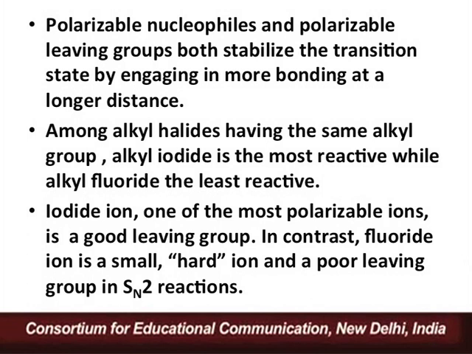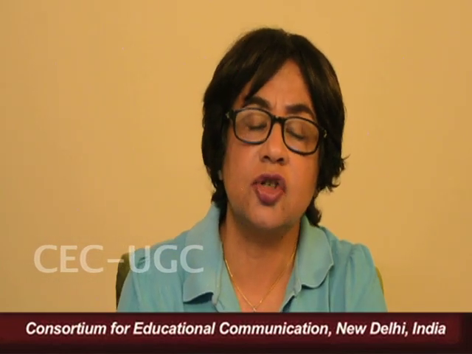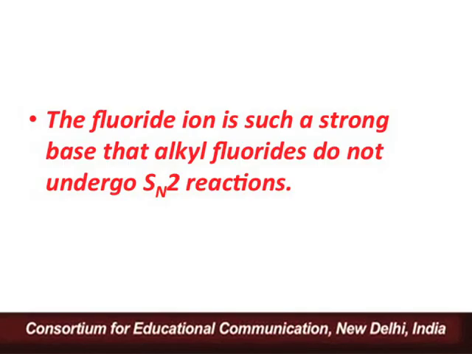Iodide ion is one of the most polarizable ions, therefore it is a good leaving group. In contrast, fluoride ion is a small, hard ion and a poor leaving group in SN2 reactions. The fluoride ion is such a strong base that alkyl fluorides do not undergo SN2 reactions.